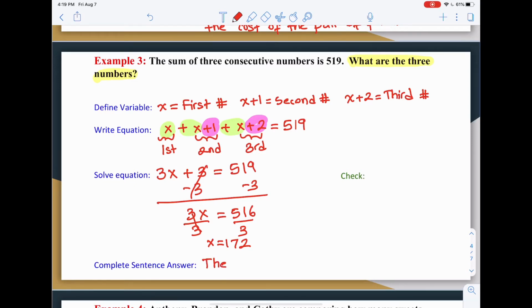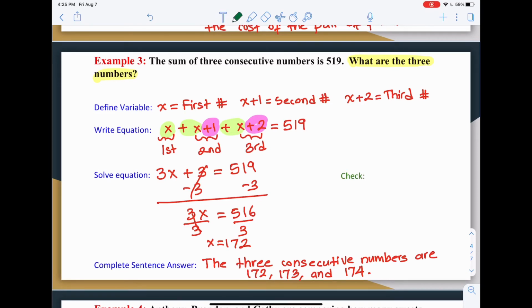The 3 consecutive numbers are 172, 173, and 174.